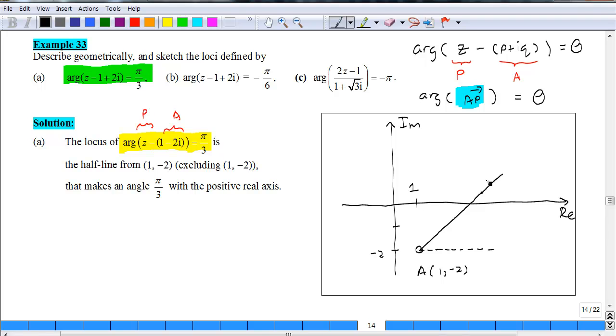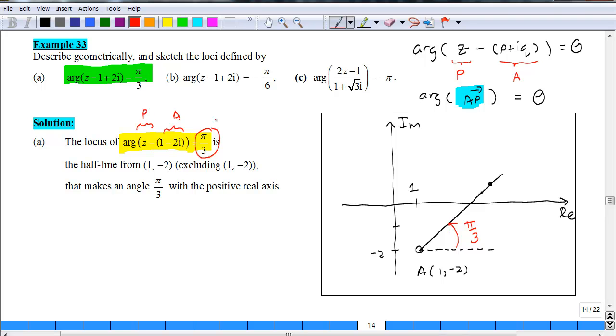I must make sure that the angle this line makes is pi over 3. Because the argument is plus pi over 3, you measure from the horizontal anti-clockwise, because that gives you the positive argument.